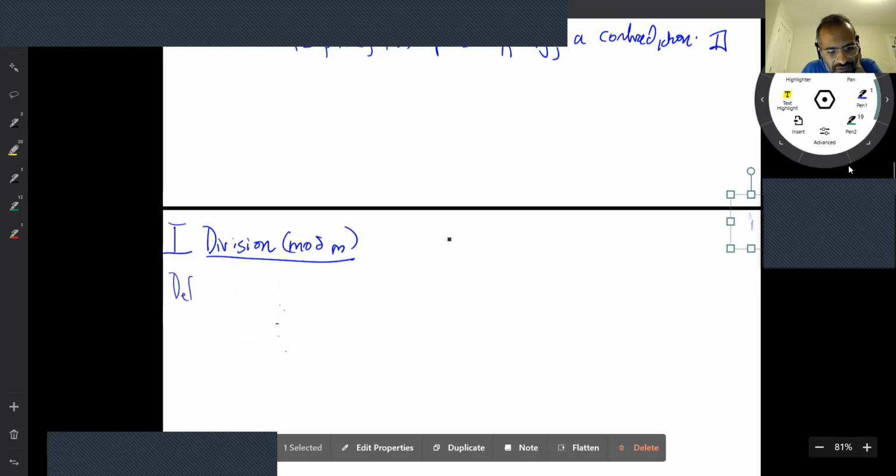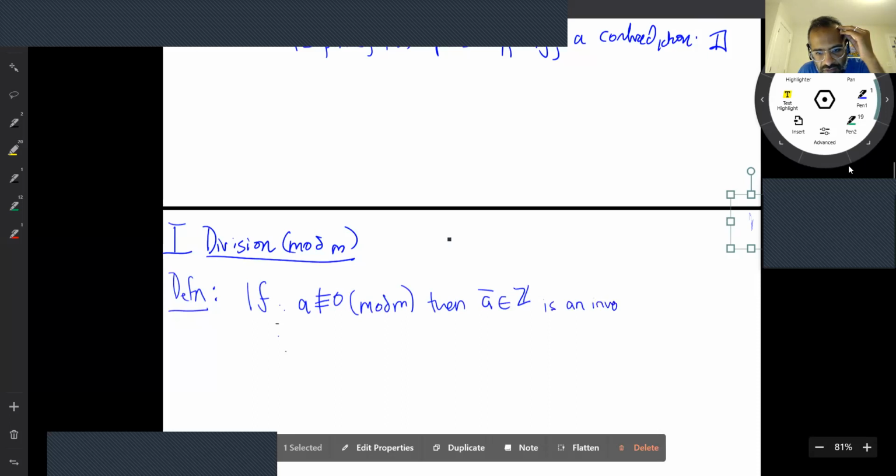Okay, so division modulo m. So here's a key definition. If you have a number that's not 0, then you can define 1 over that number if it's an integer, right? And now we're going to define the same concept modulo m. So if a is not congruent to 0 modulo m, then an integer a bar is an inverse of a modulo m.